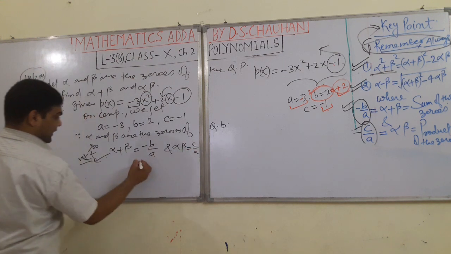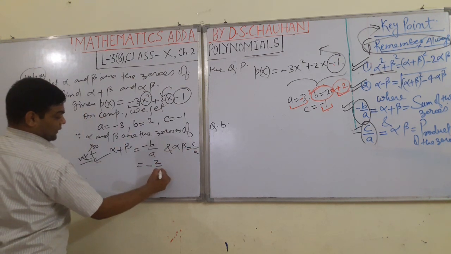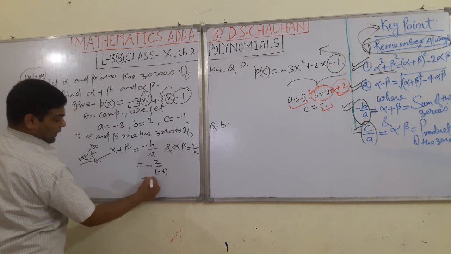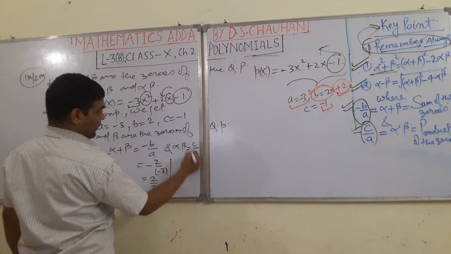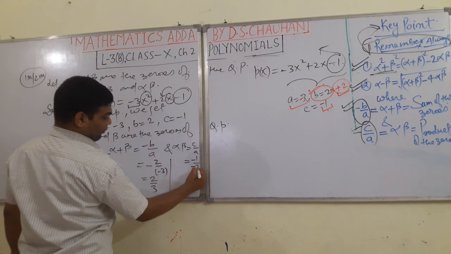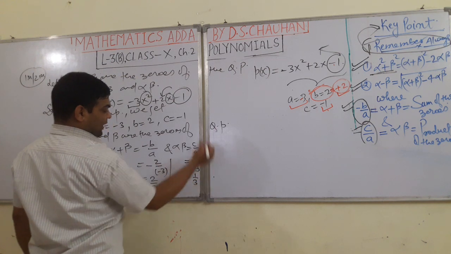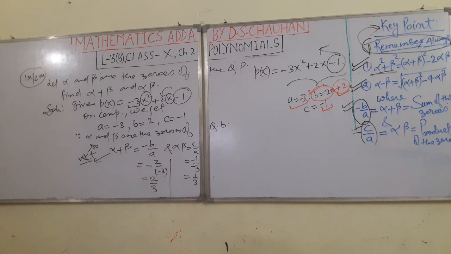Put in the values and get the answer. Minus b is 2, a is minus 3. This minus minus becomes plus, so it becomes 2 by 3. And alpha beta is c upon a. c is minus 1, a is minus 3. What will you get, students? You will get 1 by 3. So very easily by doing this, we will be able to get 1 or 2 marks.